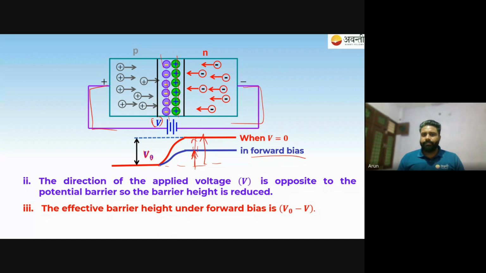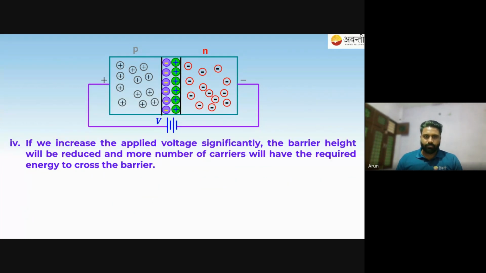So the effective barrier height under forward biasing is V naught minus V. Now, if we increase the applied voltage significantly, then the barrier height will be reduced and more carriers will have the energy required to cross the barrier. So it is directly dependent on the potential of the battery that we are using.